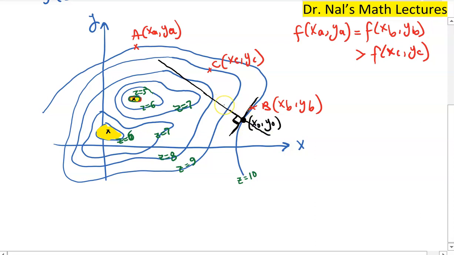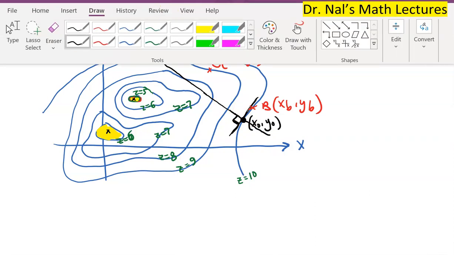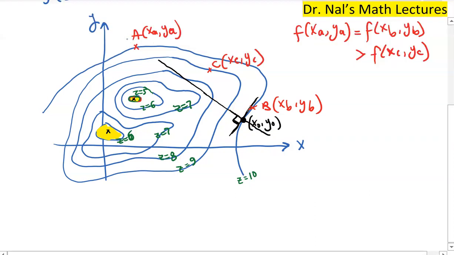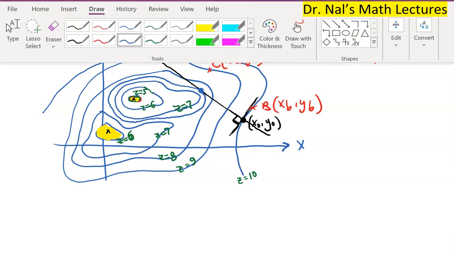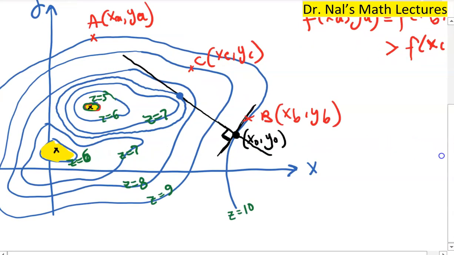So along this gradient line, we need to find a contour which is tangent to that line, which is this invisible contour here. There are infinitely many contour lines, so this is the point, and that will be our next point in the recursion.